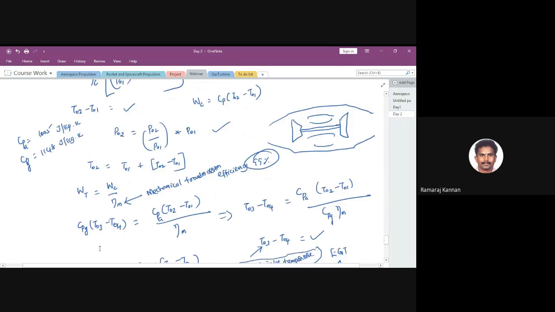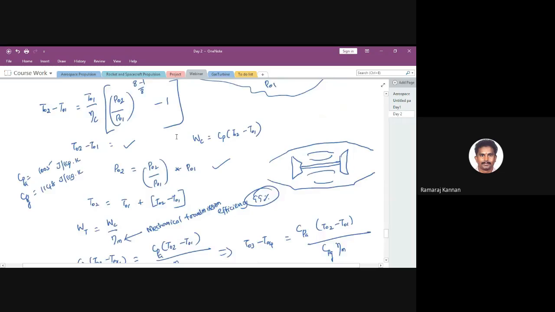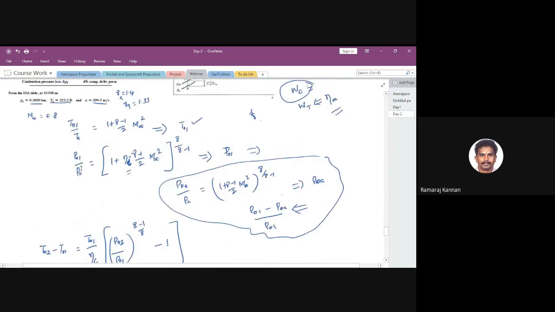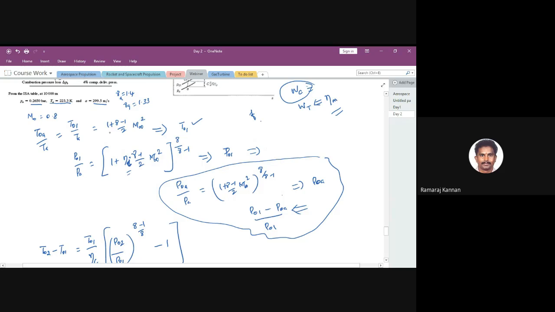Please look at that. First, from the inlet conditions, we can get your T01 value from the isentropic relation: T01 by Ta is equal to 1 plus gamma minus 1 by 2 M infinity square. Even we can write this as T0A by Ta, which is equivalent to T01 by Ta, because the flow through your intake is going to be adiabatic compression.